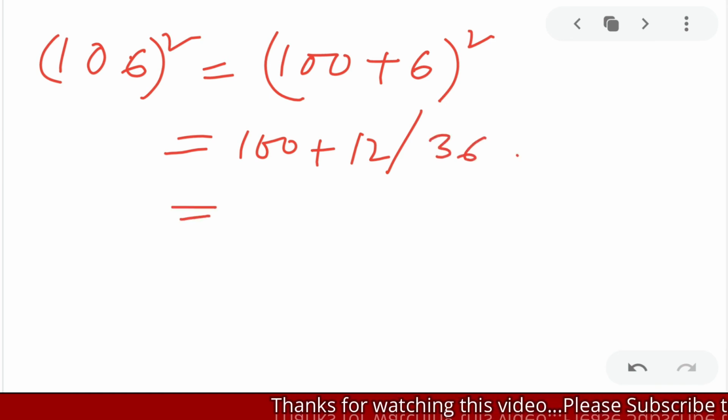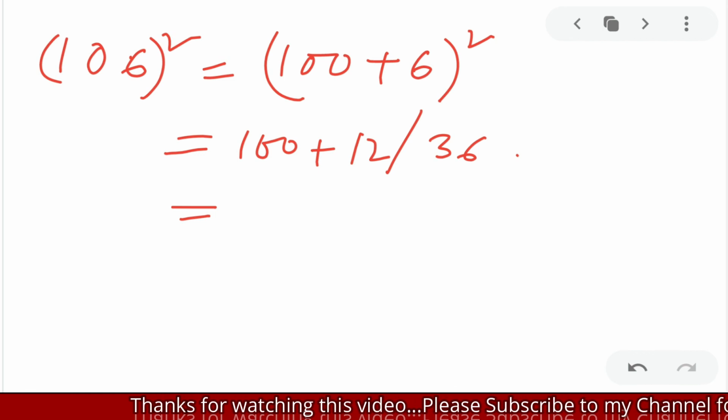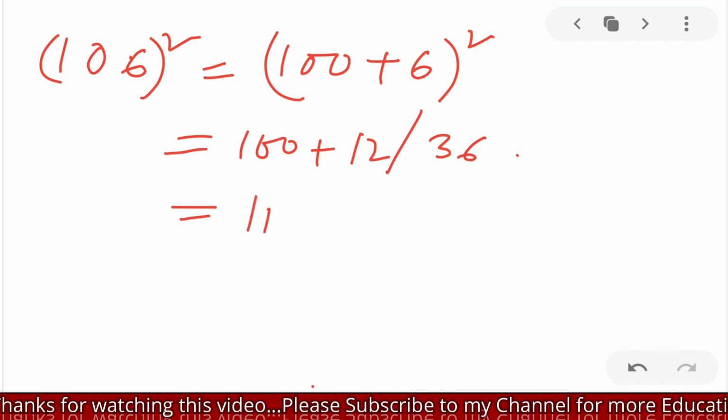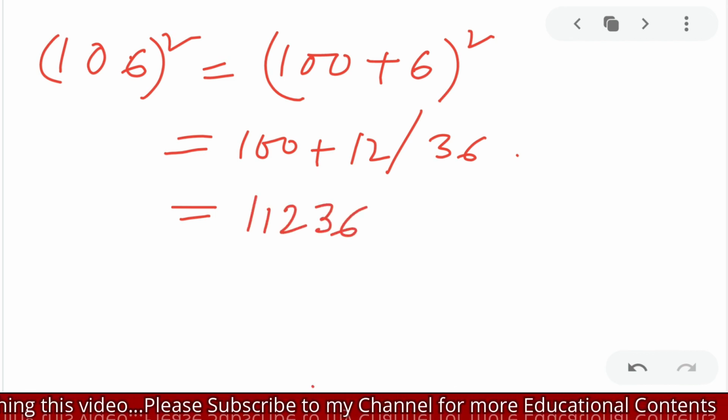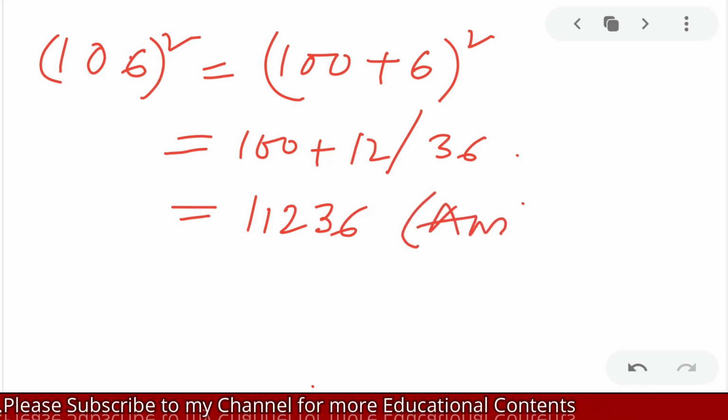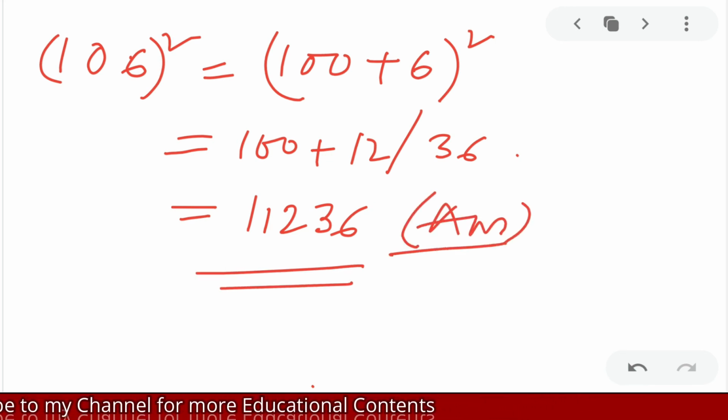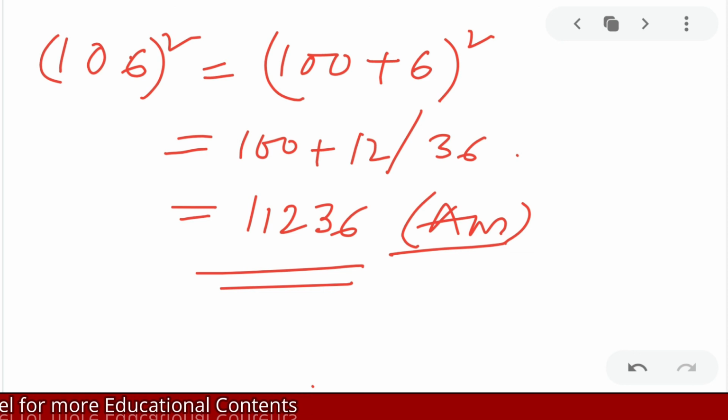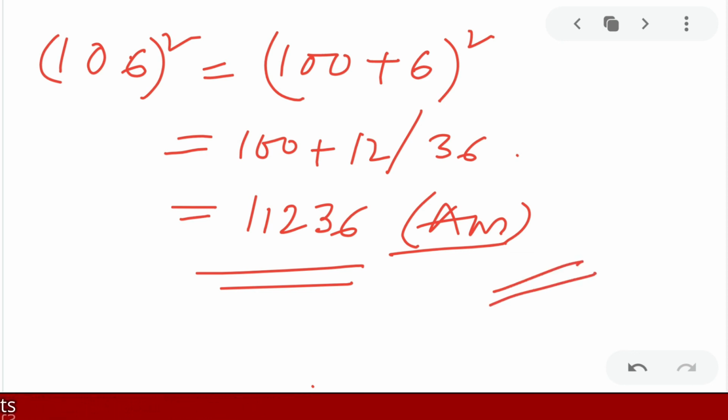So it will be 11236. This will be our answer. So these are the two special cases, and in this way we'll do the square of special numbers.